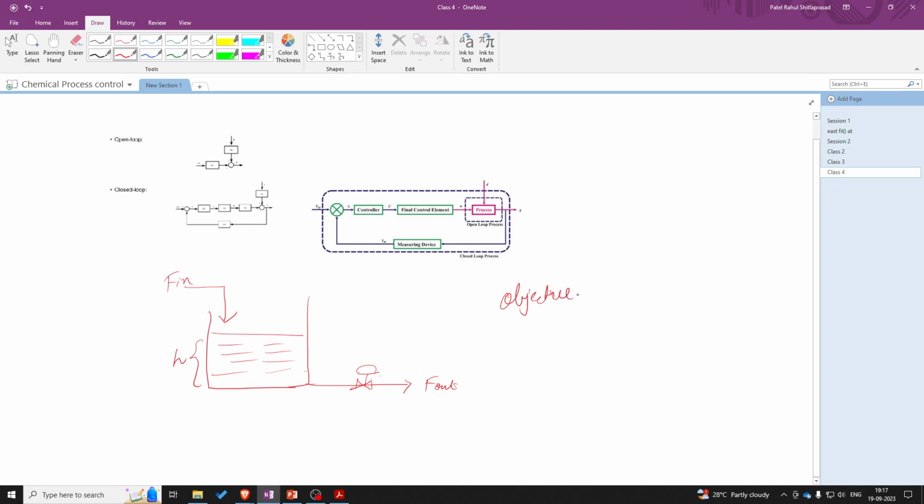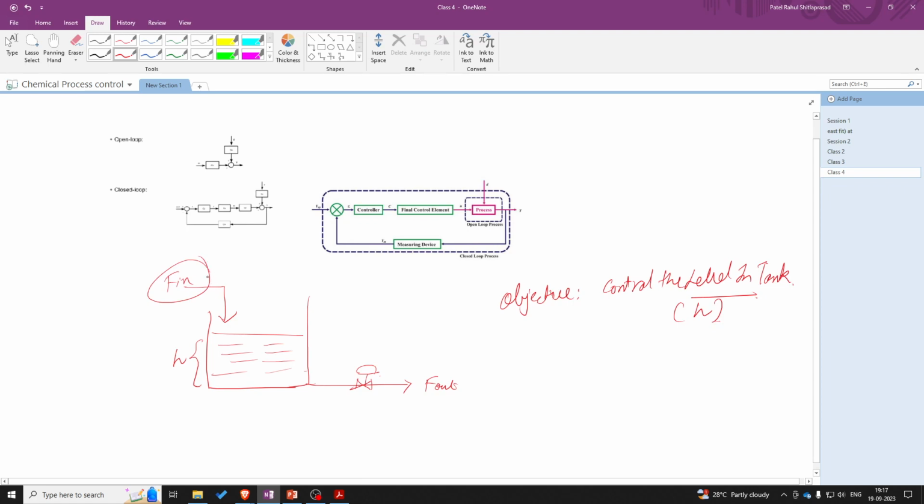Let's consider our objective is to control the level in the tank, that is, control H. This flow input is not in our hands, so let's consider it a disturbance.